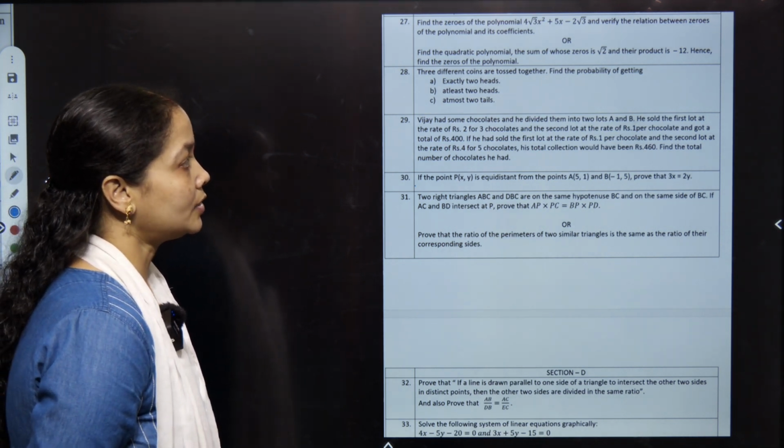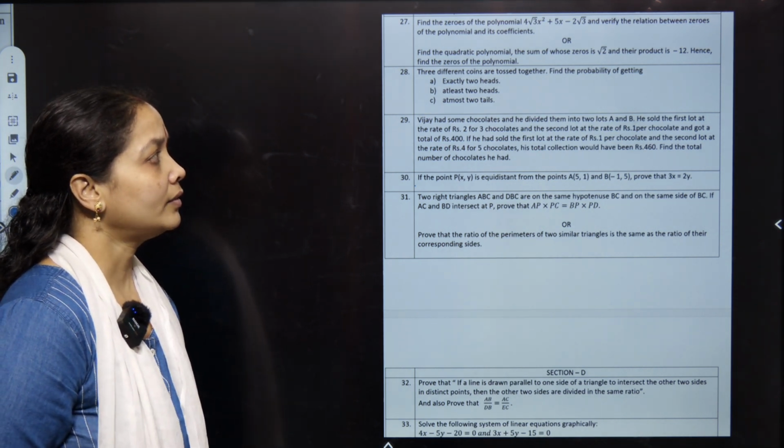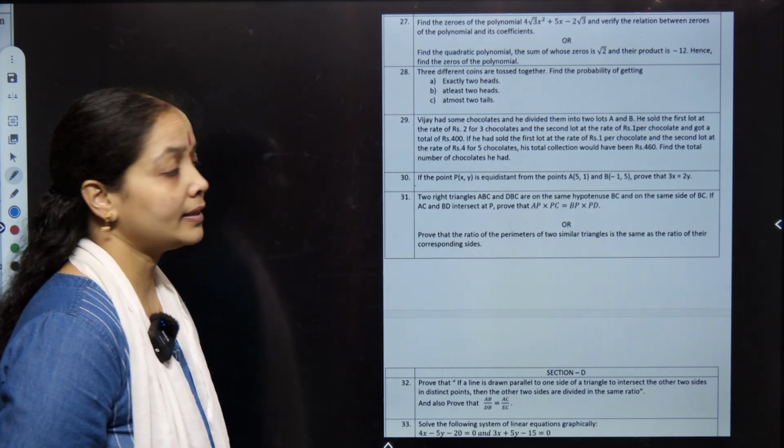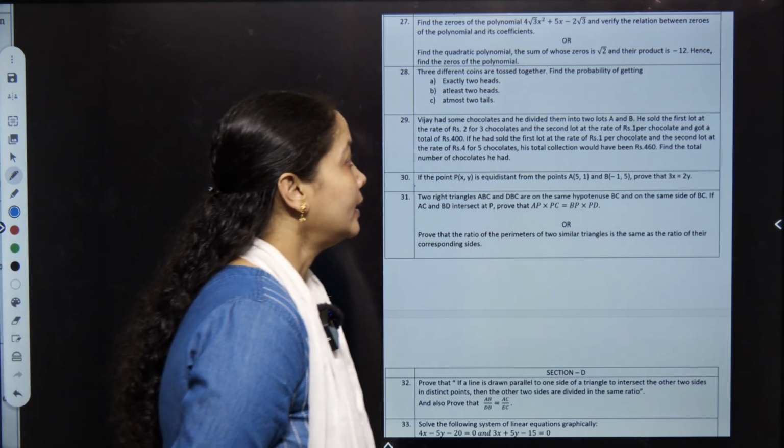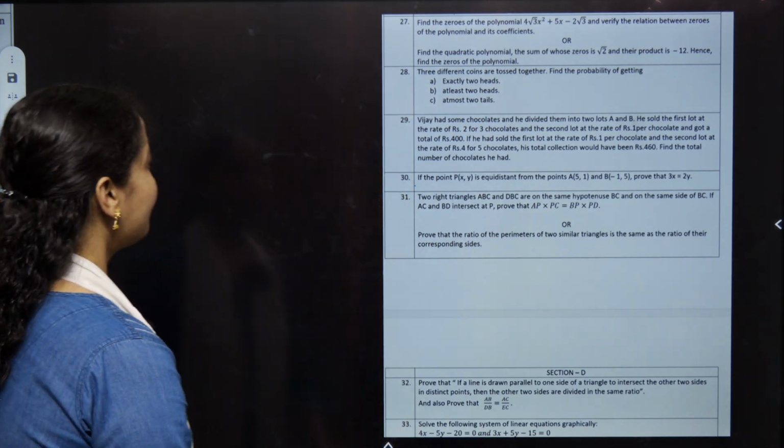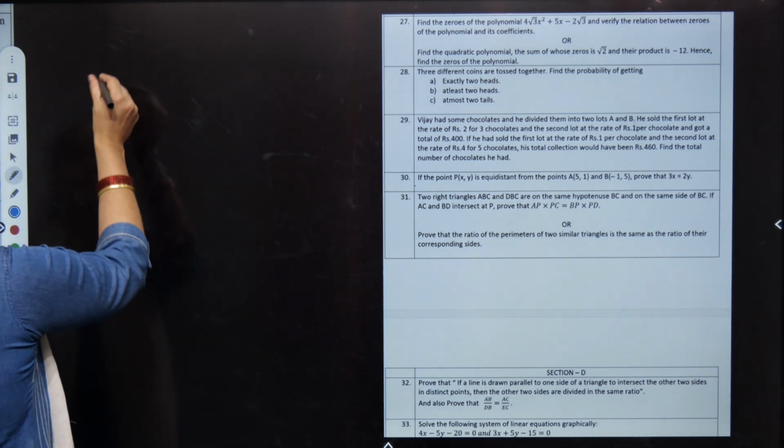3 different coins are tossed together. They are tossing the coins. So what can be the sample space? Let us just check.